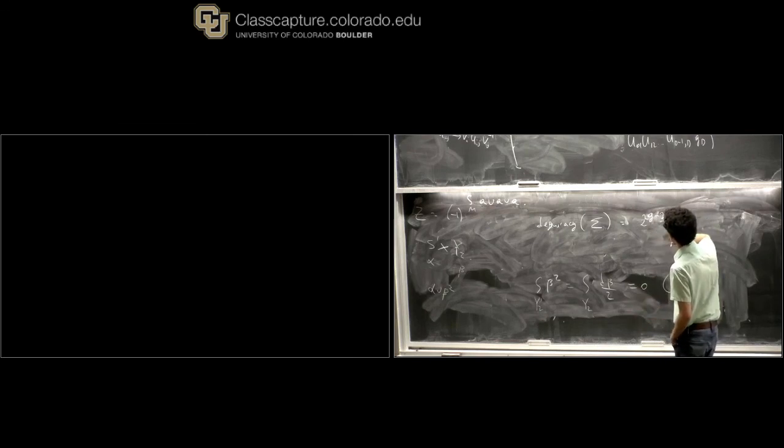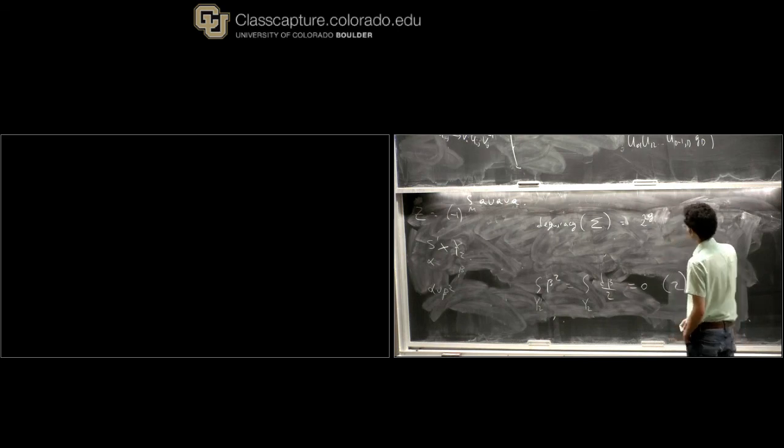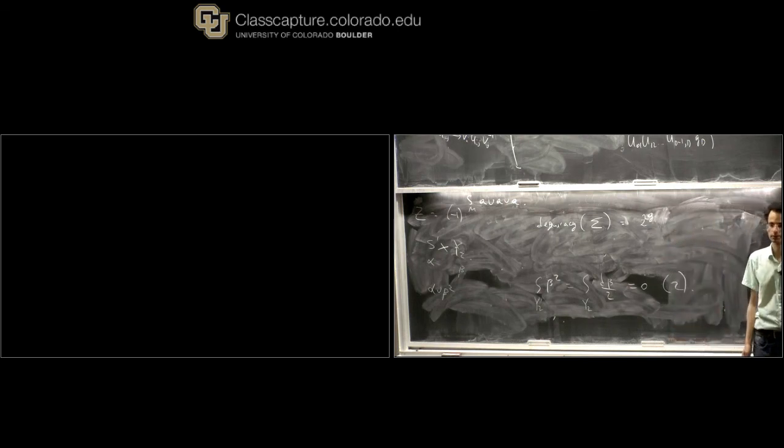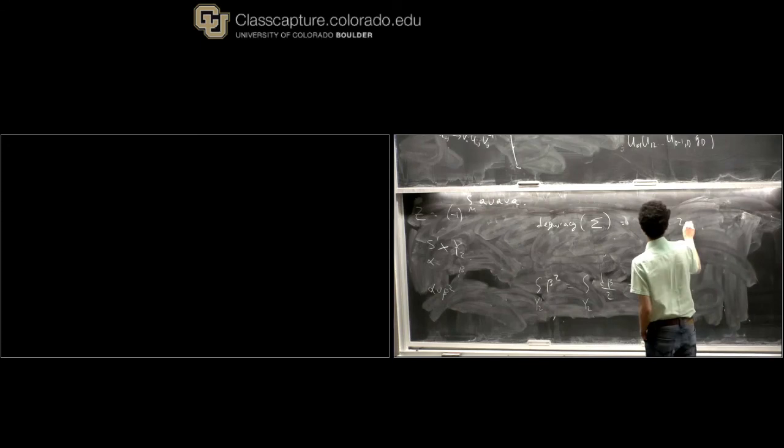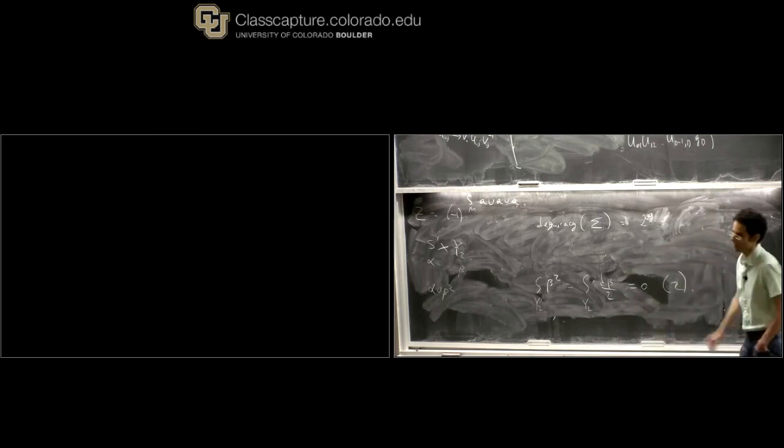The higher I go in genus, the larger this should get. Torus has genus 1, so torus should have. Yeah, I think this is good. Whatever, this is right.